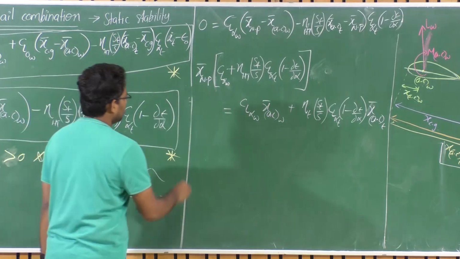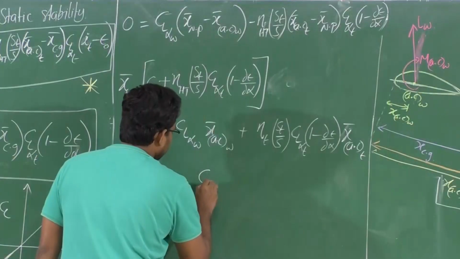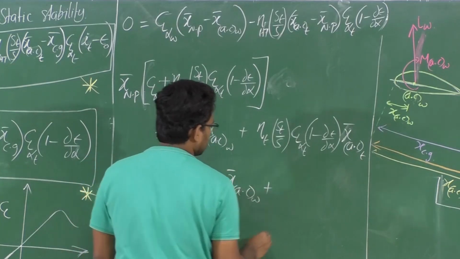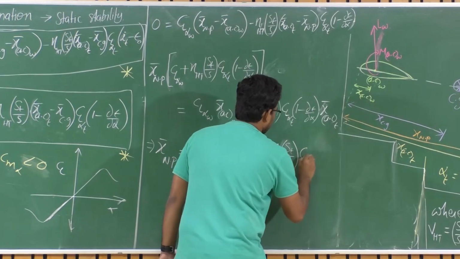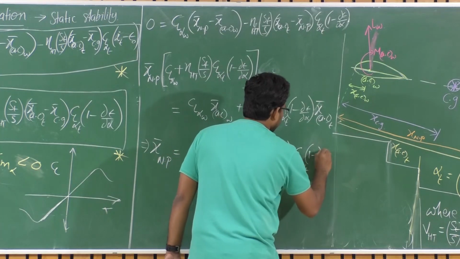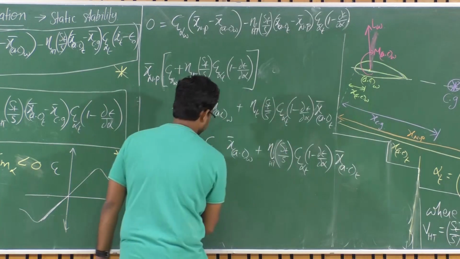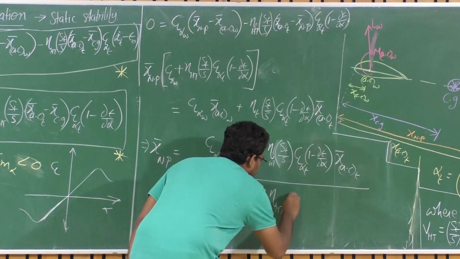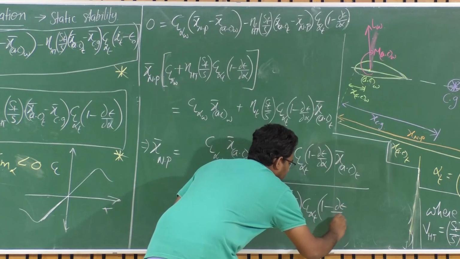Okay. So this implies x bar NP, the neutral point, equals CL alpha of wing times x bar AC of wing, plus eta of horizontal tail S_T upon S, CL alpha of tail multiplied by (1 minus dou epsilon by dou alpha) times x bar AC of tail, upon CL alpha of wing plus eta of horizontal tail times S_T upon S times CL alpha of tail multiplied by (1 minus dou epsilon by dou alpha).